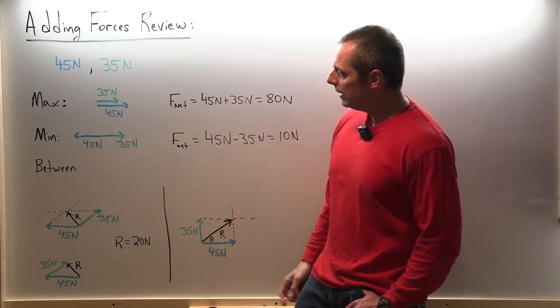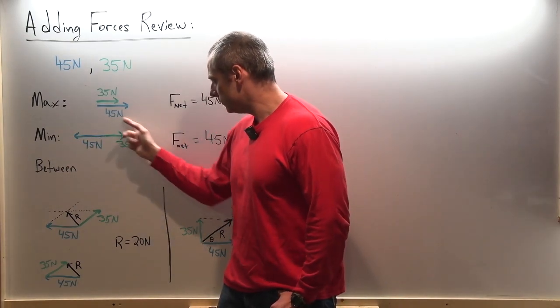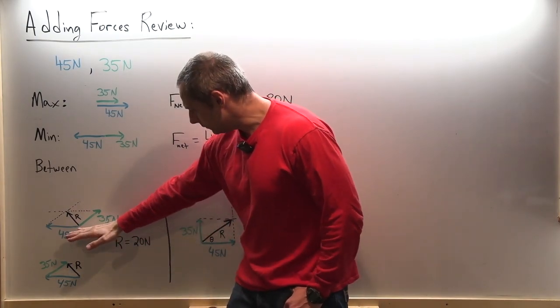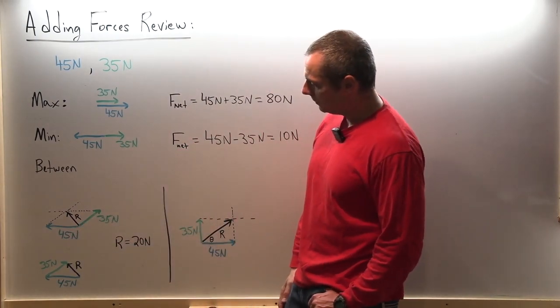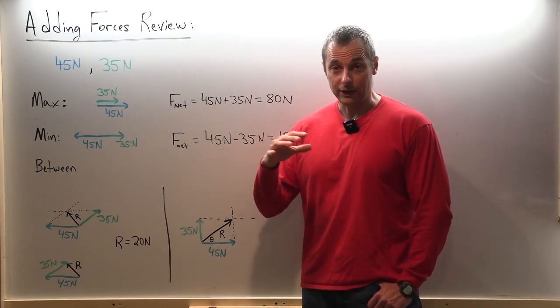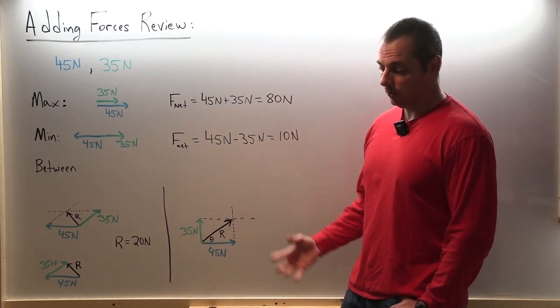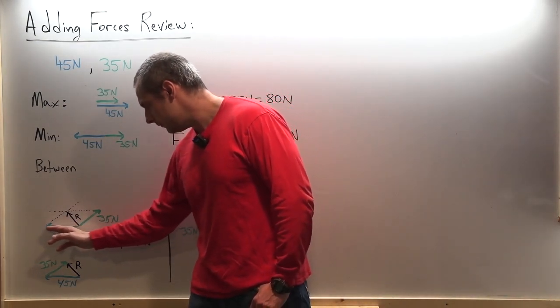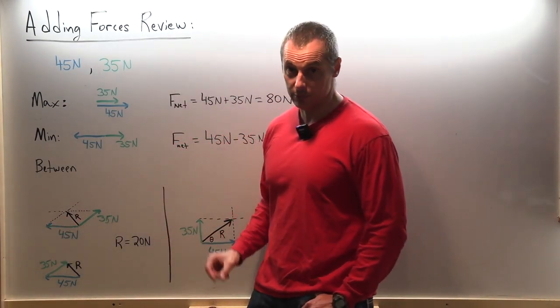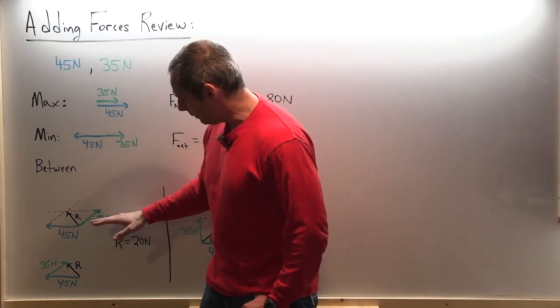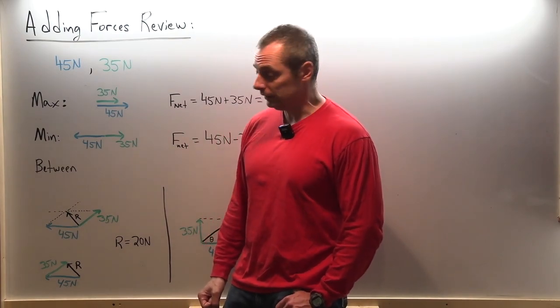For example, let's suppose instead of like this, you have the forces almost opposite, but not quite. So we tilt the 35 up like this. The way you find the resultant, according to the techniques that we learned in the last video lesson, is you would draw these to scale, maybe like 4.5 centimeters and 3.5 centimeters, very carefully with a ruler. One technique is you create dotted lines to construct a parallelogram.